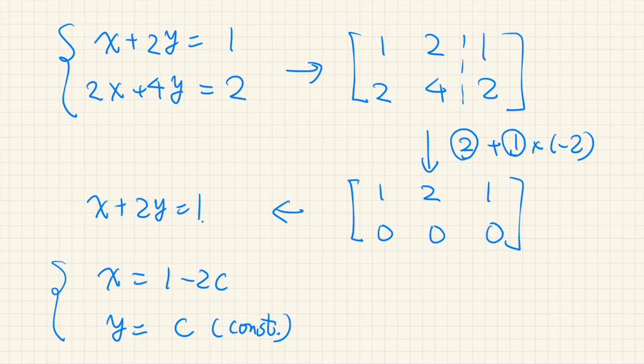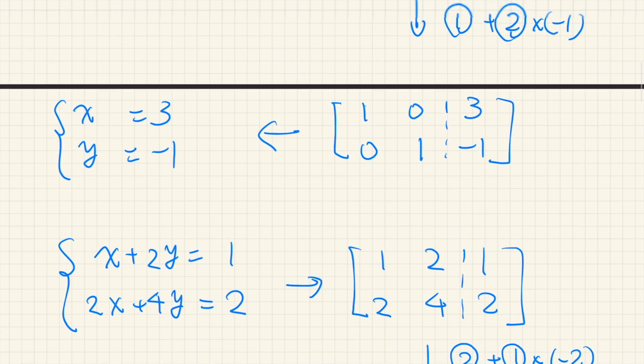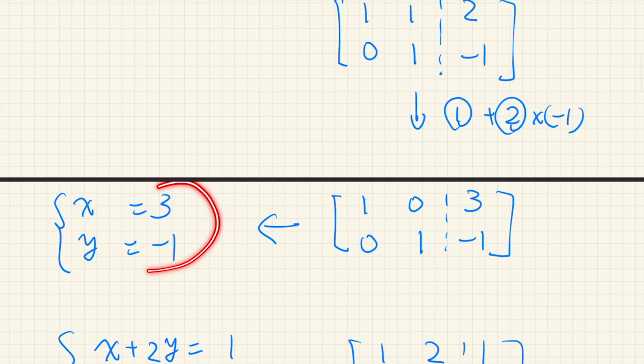If we set y equal to any constant, let's say c, then x can be represented as 1 minus 2c. So there is one free parameter here, c. In this case, we say there is 1 degree of freedom, or the degree of freedom of this solution is 1. In contrast, in the last example, there are no free parameters. The values of x and y are just fixed. So in this case, the degree of freedom is 0.